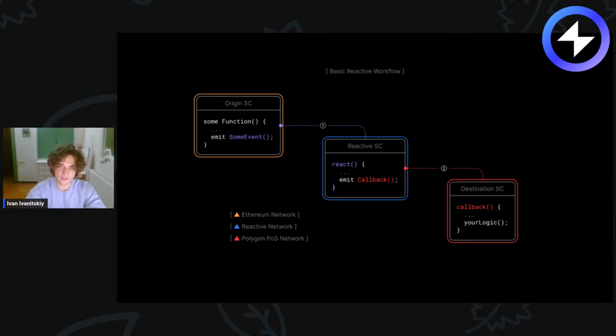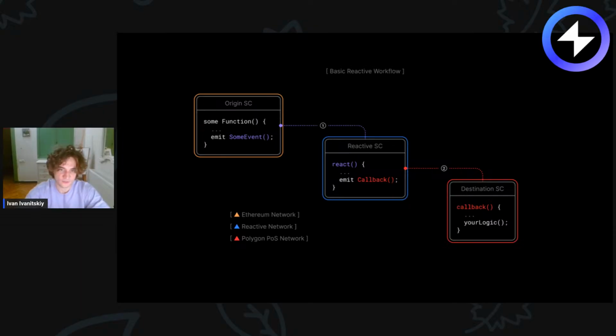This setup might remind you of bots that are monitoring, I don't know, maybe some pools or some other contracts, and then automatically executing transactions. It is more or less the same, with a huge difference that bots are off-chain and they hold your private keys and they are not decentralized, while reactive smart contracts do the same thing on-chain.